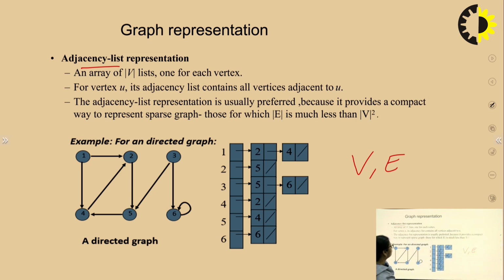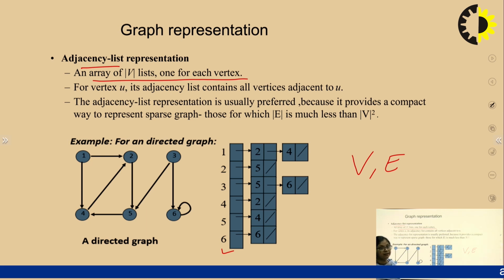So what does it mean now? Firstly, make a list of vertices. So an array of V lists, one for each vertex. We have the adjacency list representation, so there will be a list of arrays. When we have a list of arrays, again we have an option: either we store that in an array, or the second option is a linked list.